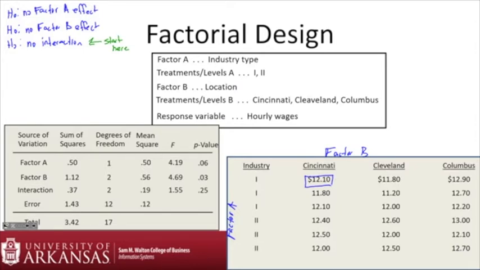If they're different for different places, then that's where the interaction comes in. I'll show you a graph here in a second that clears this up a little bit. The whole idea is, I could have done a one-way ANOVA for factor A. I could have done a one-way ANOVA for factor B. But instead, is there something happening that we're not seeing? That's what the interaction piece is.